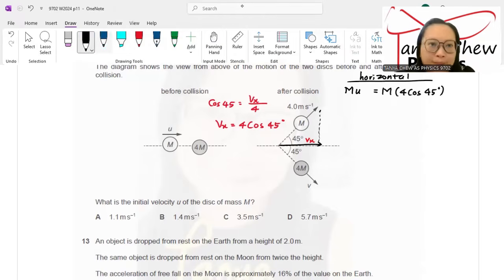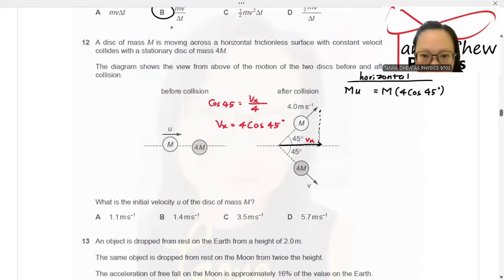And what about 4m? Okay, let us look at 4m. I put it in blue color. This is 4m, V for 4m. So I put Vx as well, but for 4m, you could see that it is also being resolved. The velocity of 4m can also be resolved into the right direction.